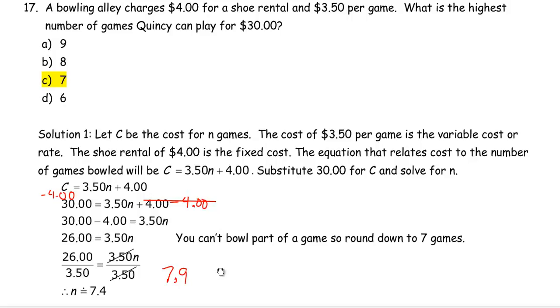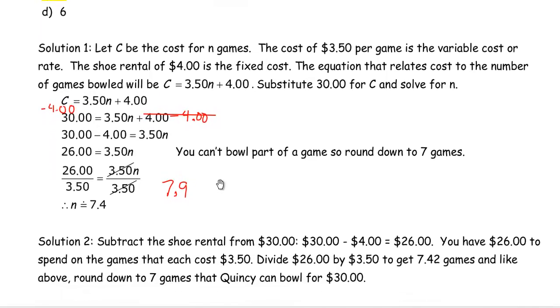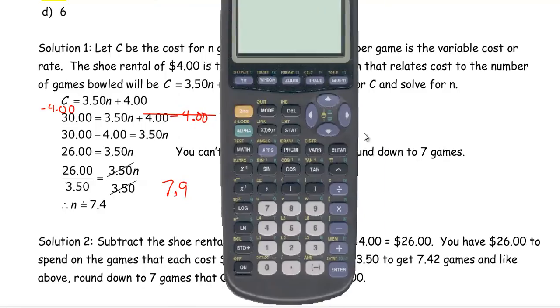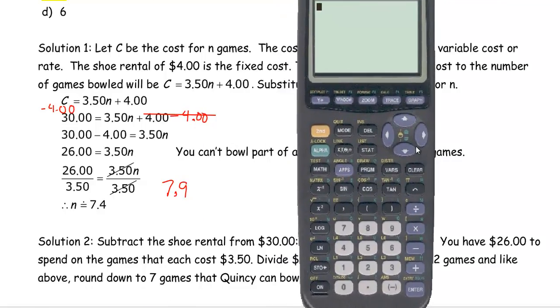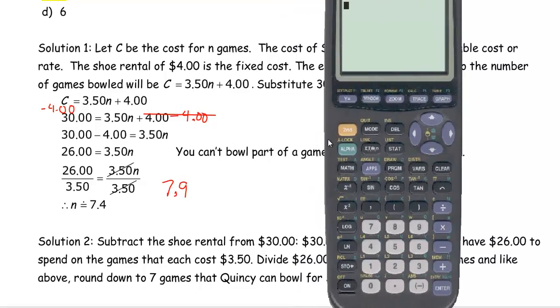Now, a slightly different way to get at the same answer, and I'm going to bring my calculator over to demonstrate this. At the beginning, Quincy has $30, and he's paying the $4 for the shoe rental, so you could subtract 4 from that. After paying his shoe rental, he's got $26 left, which is really this 26 here.